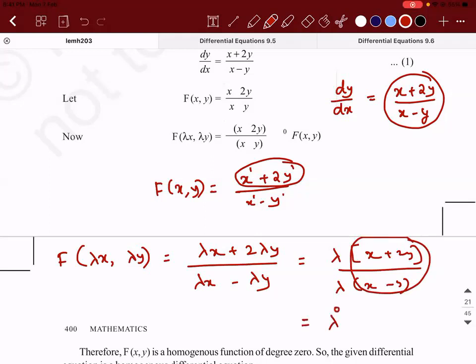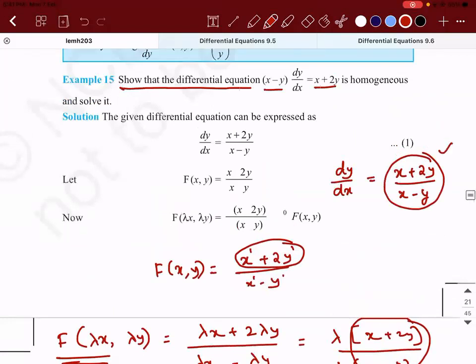So this will become lambda power 0 into f of x, y. So f of lambda x comma lambda y is equal to lambda power 0 times f of x comma y. So the 0 will tell you the degree of that particular homogeneous equation. So this homogeneous equation is of which degree? This homogeneous equation is of degree 0.